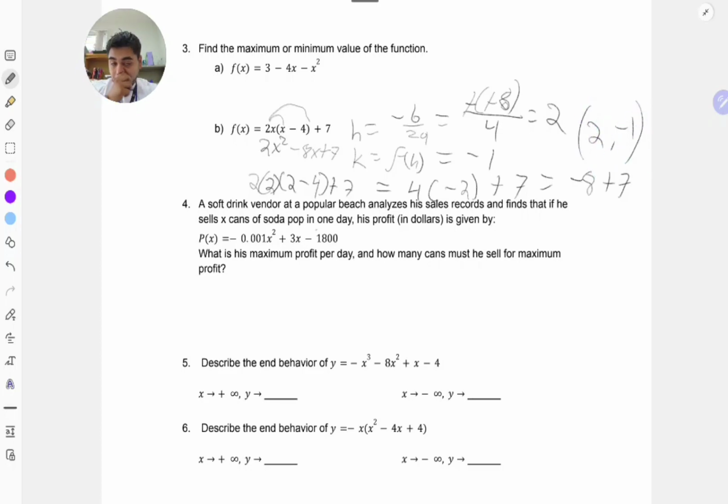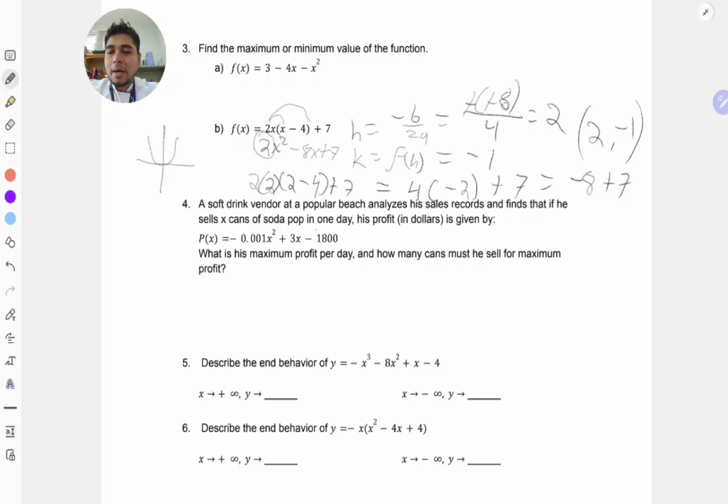Now, we're able to see that again. Whether it's a minimum or a maximum, we have to look at our leading coefficient, which in this case is a positive 2. So therefore, 2 comma negative 1 should be a minimum because we are expecting our graph to look something like that. Okay? And we can check it really quickly with our calculator.